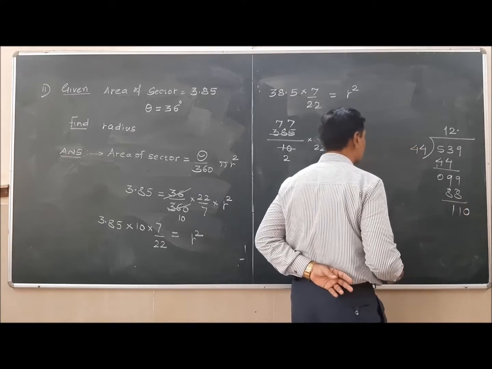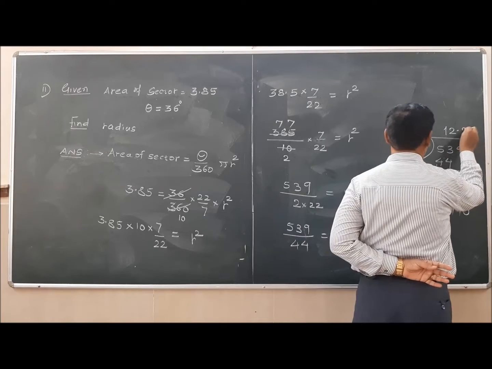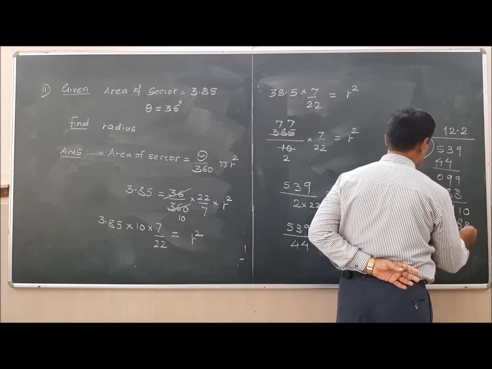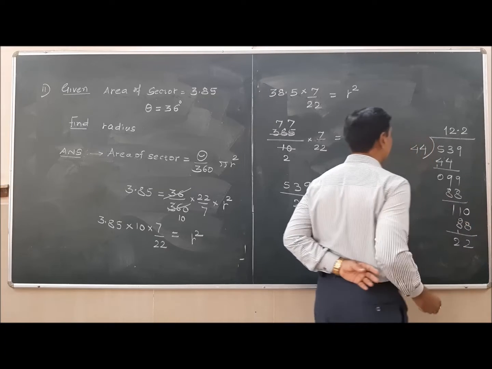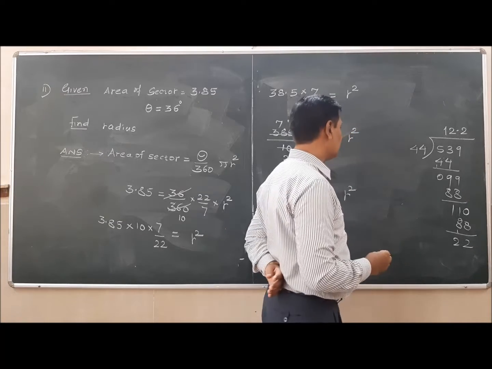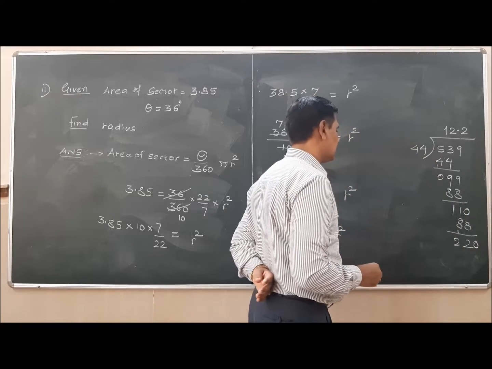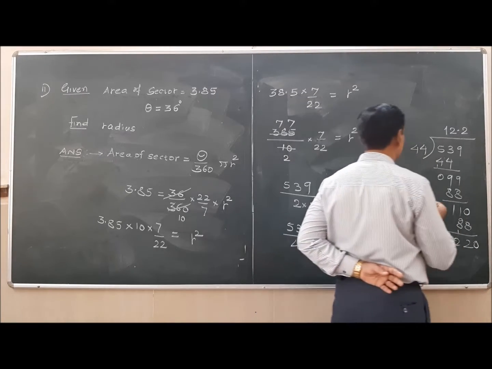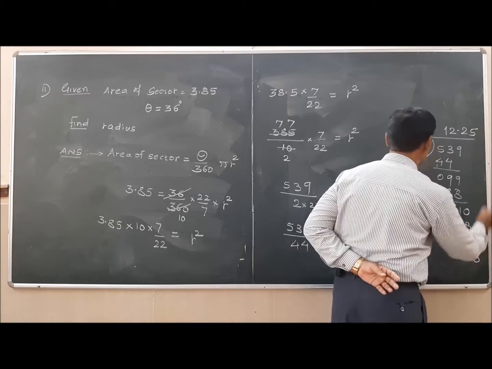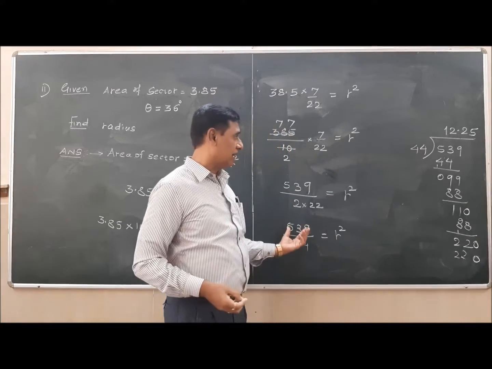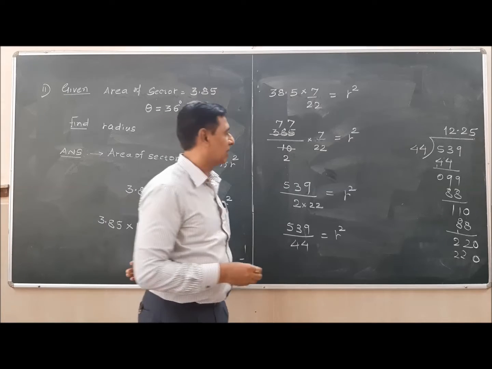Again 44 twos are 88. I'm left with 22. Then I put 0 over here and get 220, and 44 5s are 220. So if I divide 539 by 44, I'm going to get 12.25.